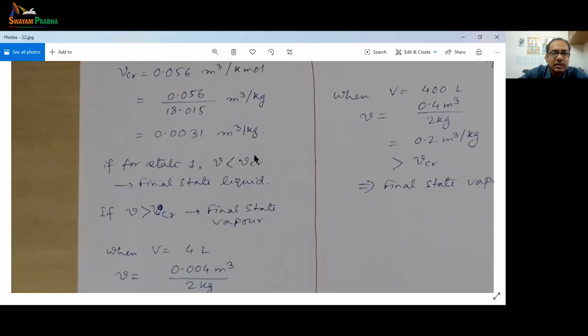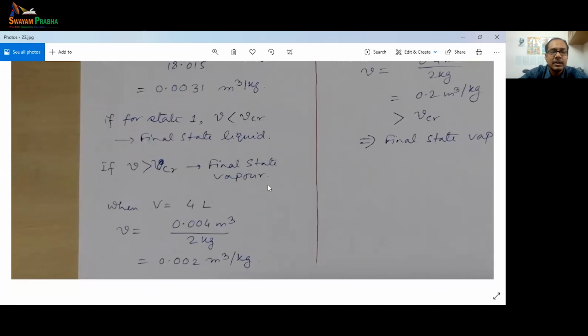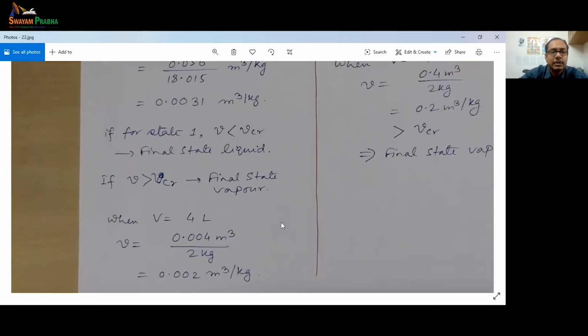So if for state 1 the specific volume is less than the critical specific volume, then the final state will be liquid. That we have explained with the diagram. And if it is greater, on the right hand side, then the final state will be vapor, right? So let's see what the specific volume is.